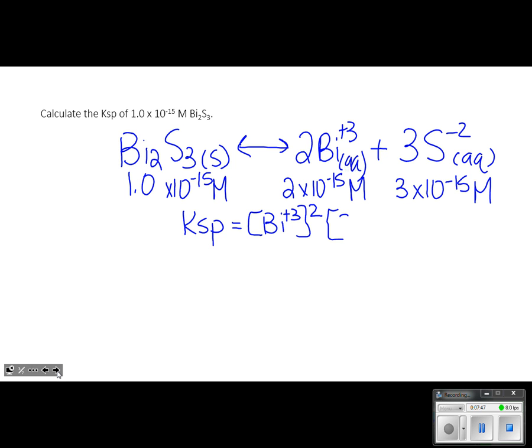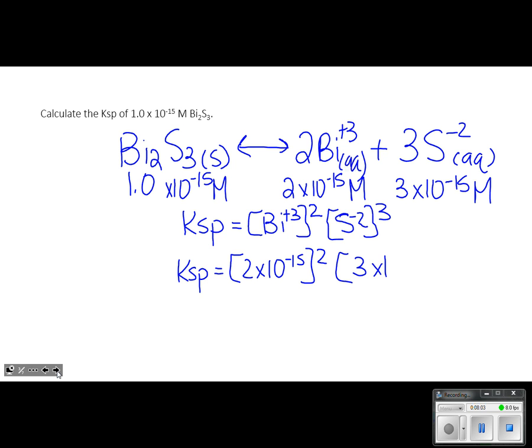And for the sulfide, we're going to cube it. So our KSP is going to be equal to 2 times 10 to the negative 15th squared times 3 times 10 to the negative 15th cubed.